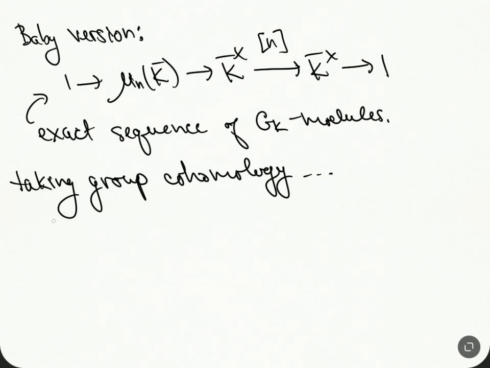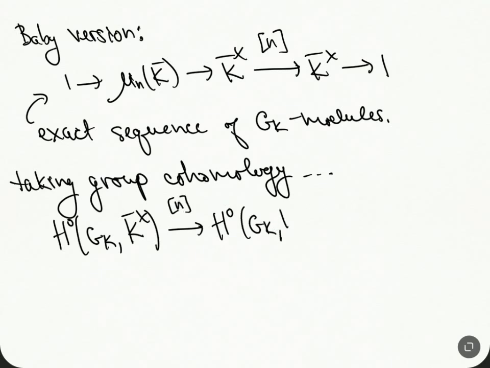So we'll start with H0 of GK with coefficients in K bar cross. H0 is taking Galois invariants. And this one's multiplication by n again, on H0 of GK, K cross here. And now we're at the end of this part of the sequence, and we start going to H1.